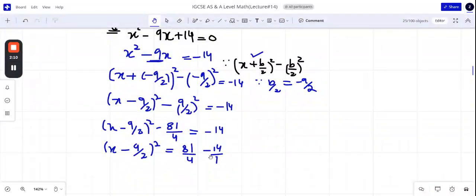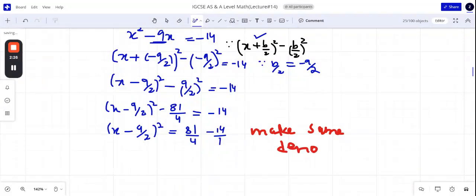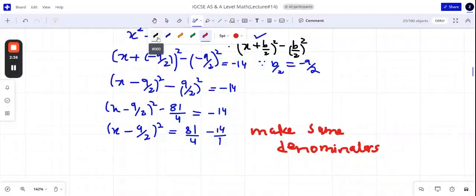So to simplify these constant values means we have the two fractions with minus sign. So we need to make same denominators. So how can we make the same denominators? We have to multiply and divide the one fraction with the other denominator. So here the denominator is 4.